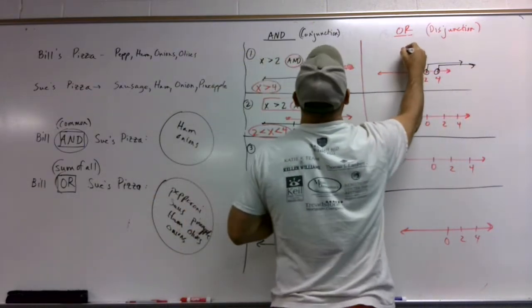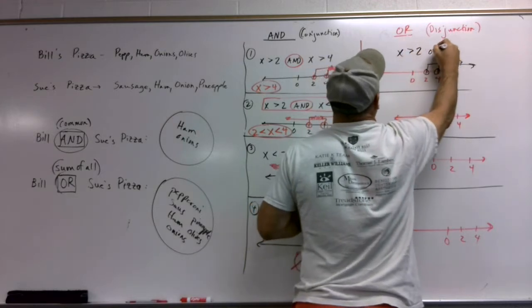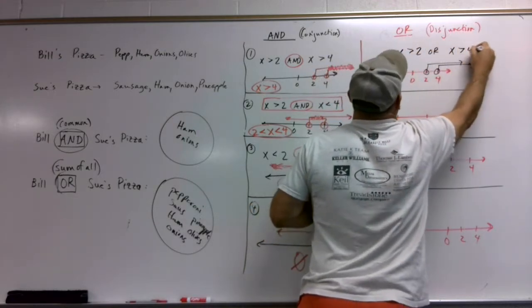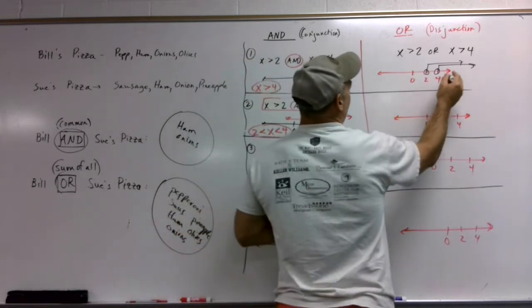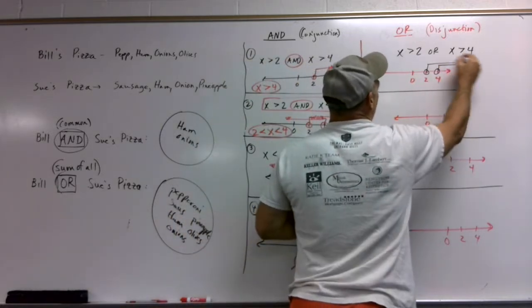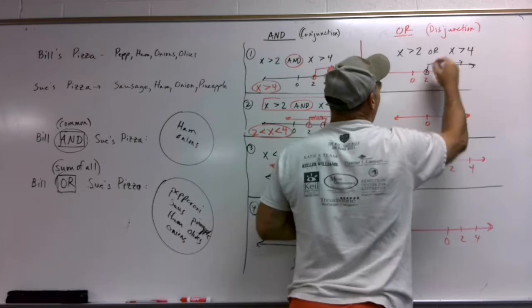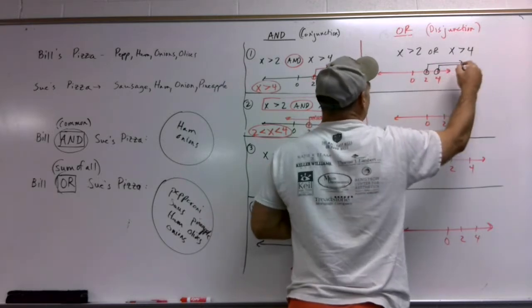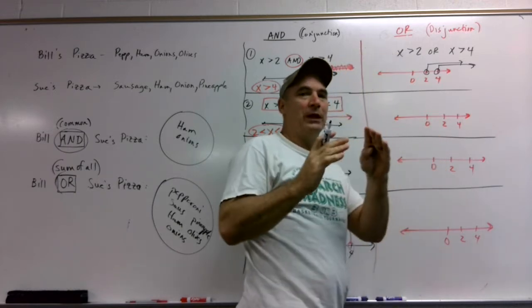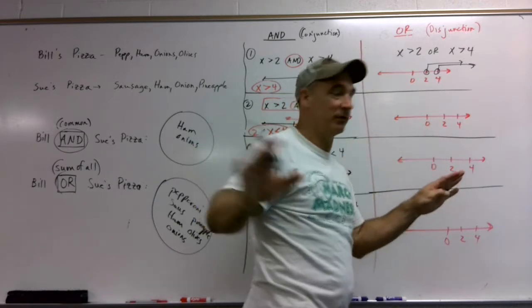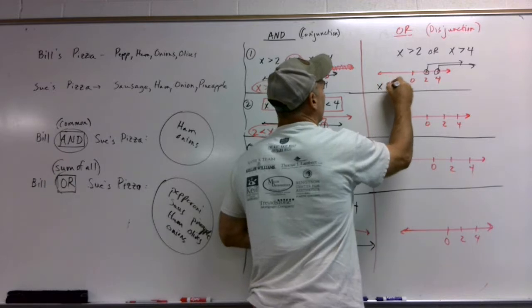So I am looking at x is greater than 2 or x is greater than 4. I should have had that written up there earlier, sorry. But all right, so how do I take the sum of all of this? Not looking for what's in common, but looking for one thing to explain all of it, would be x is greater than 2.